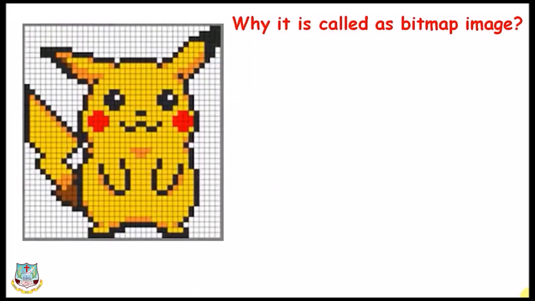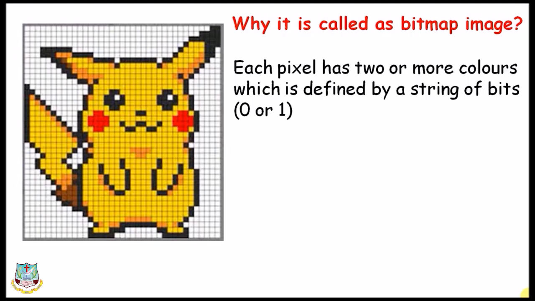Here, in each square, we will have two or more colors defined. One square is called one pixel, right? So in a bitmap image, each pixel, one square, can have more colors, and each pixel we can denote with a bit. Bit means what? 0 and 1 are bits.